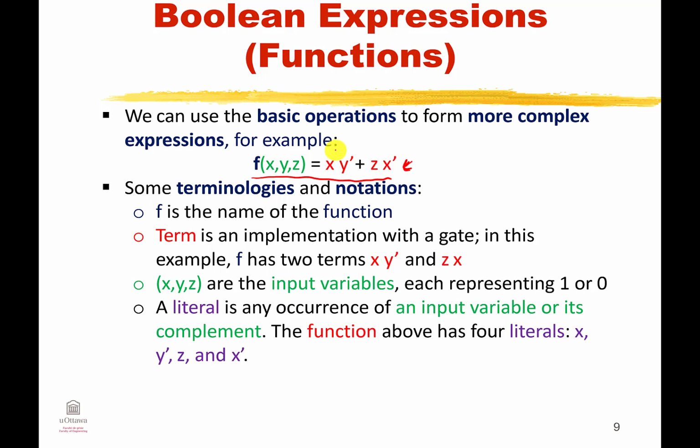So guys, if I apply the principle of these basic logic gates, I can form a more complicated function. Let's take a look at this function f. This function f is the output of a combinational logic circuit that is equal to x and with y prime, z and with x prime. Both of them are ORed.